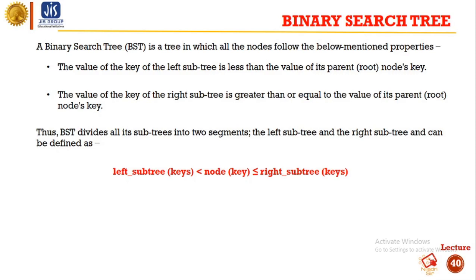In a binary search tree, the value of all the nodes in the left subtree is less than the value of the root. Similarly, the value of all the nodes in the right subtree is greater than or equal to the value of the root. This rule will be recursively applied to all the left and right subtrees of the root.